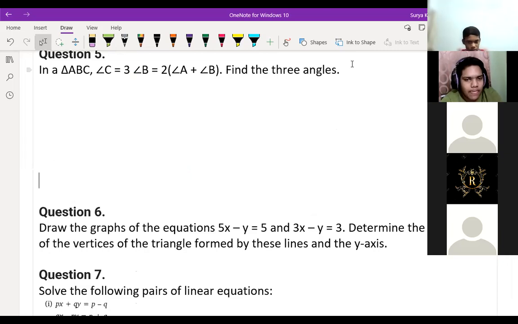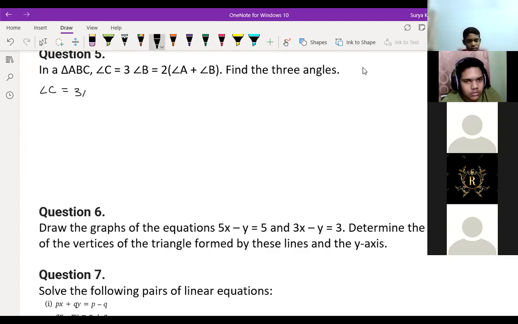So how to do, children, over here? Angle C is equal to 3 angle B is equal to 2 angle A plus angle B. How to do? Hemant, how to do? Others, anybody of you? Can we do it by letting K?